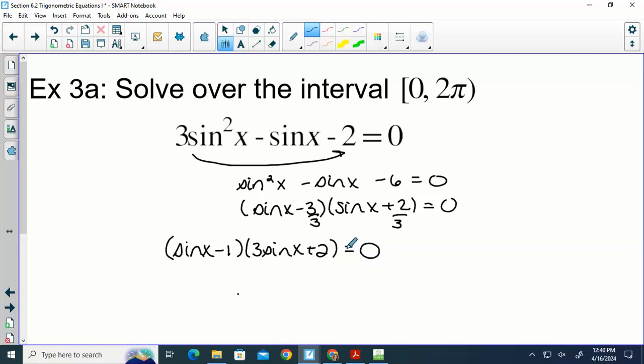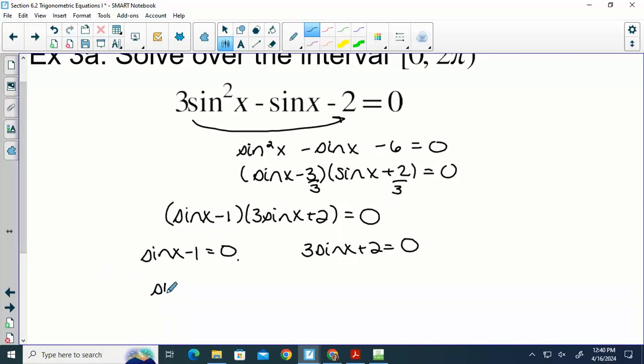Now the reason we factor, if you have two things that multiply to 0, how do you find those things? This one, if we subtract our 2 and divide by 3, sine is negative 2/3.